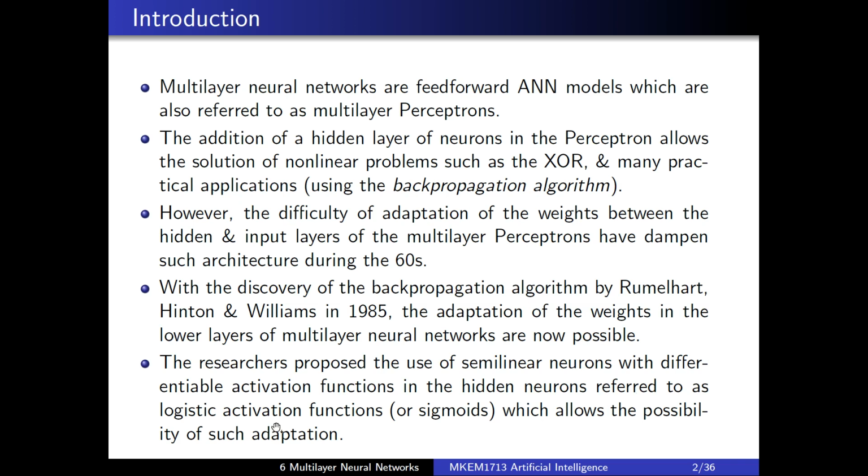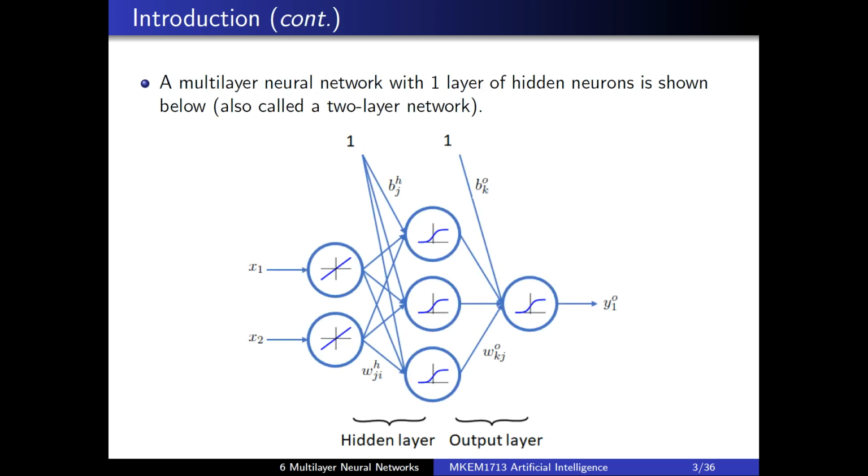And as we will see later, the logistic activation function gives out infinitely many outputs between 0 and 1. There are also other activation functions used in artificial neural networks.